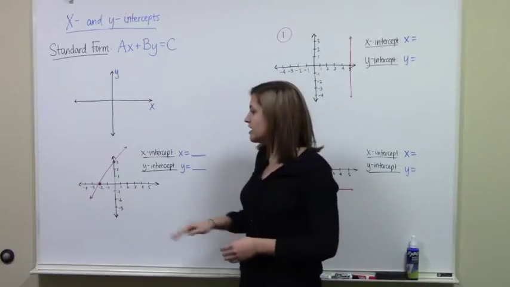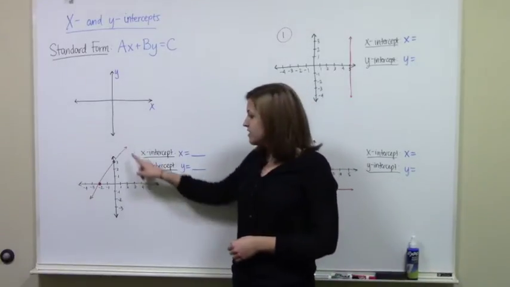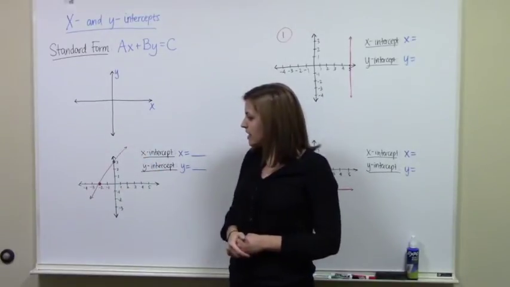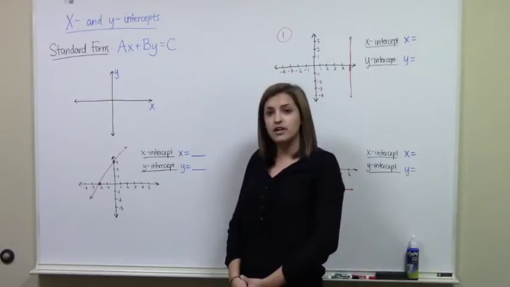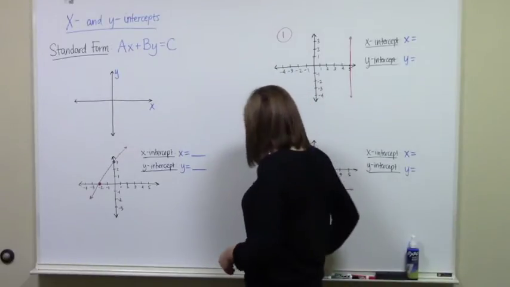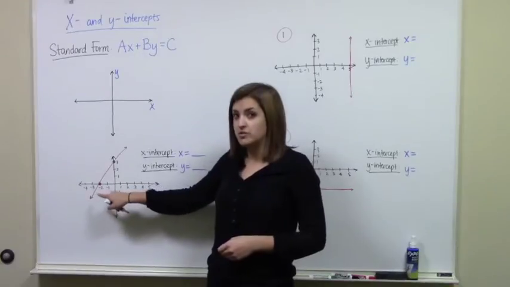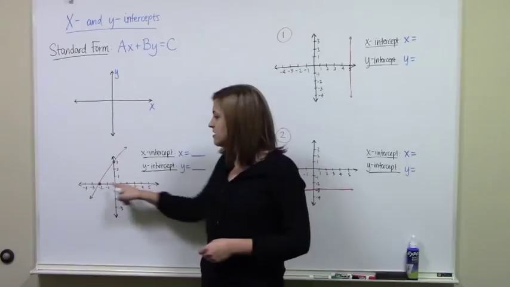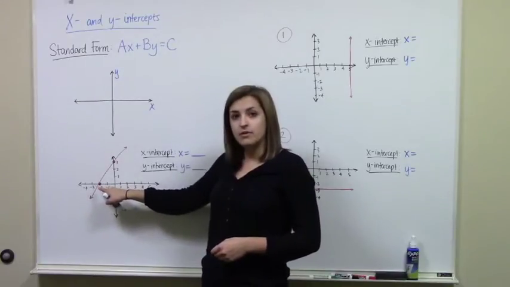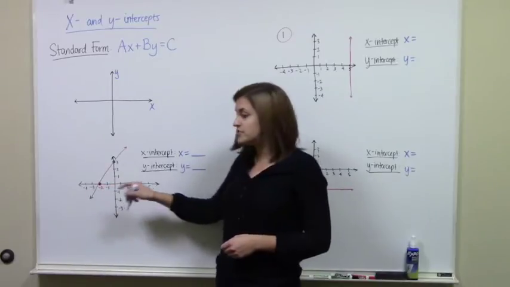Now let's look at an example of this. So we have our line in red here, running that way, and we can see that our x-intercept is going to be our x-coordinate where y equals 0. So y equals 0 all along this line, and when y equals 0, our line runs through the point x equals negative 2.